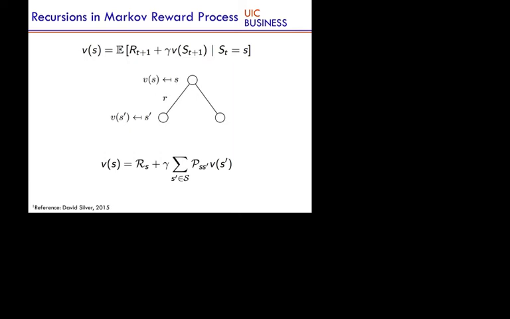From that state, I can go to a bunch of other states, let's say in this case 2 states. Then maybe I can get a reward for going to S prime, and for S prime there's a number associated, which is V of S prime. Then these two numbers are related in this way. The sum is over all the next states, so in this case there could be 2 next states. Any questions so far?